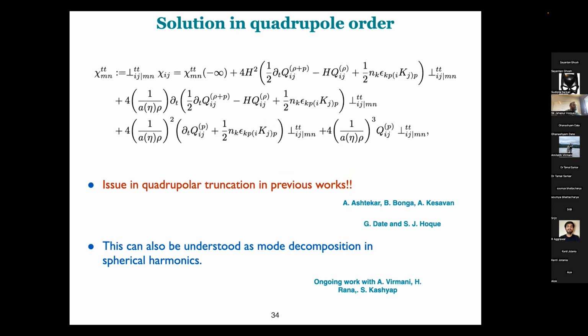And those terms exactly cancel with the Q_ij term in this 1 over R piece. So if you look at this 1 over eta rho, there is no Q_ij term which depends on H, because they exactly cancel out with the higher order term from S_ijkl.